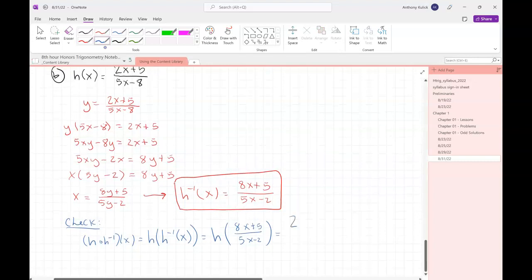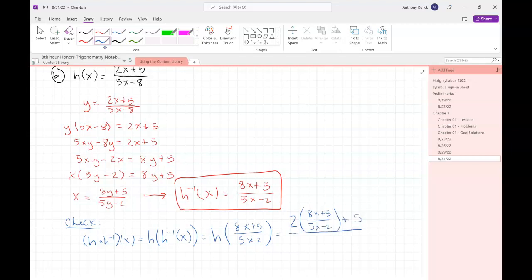So I'm going to have 2 times this fraction plus 5 divided by 5 times this fraction minus 8.